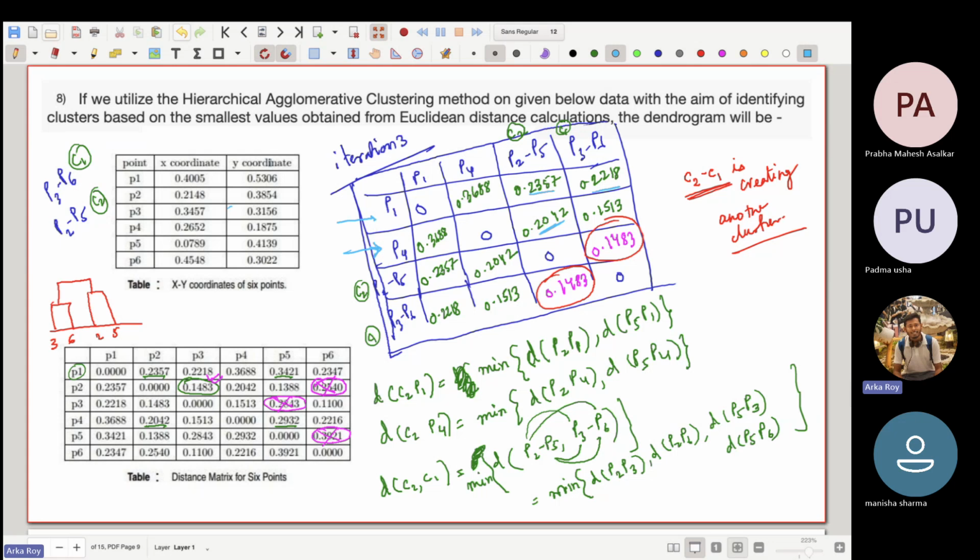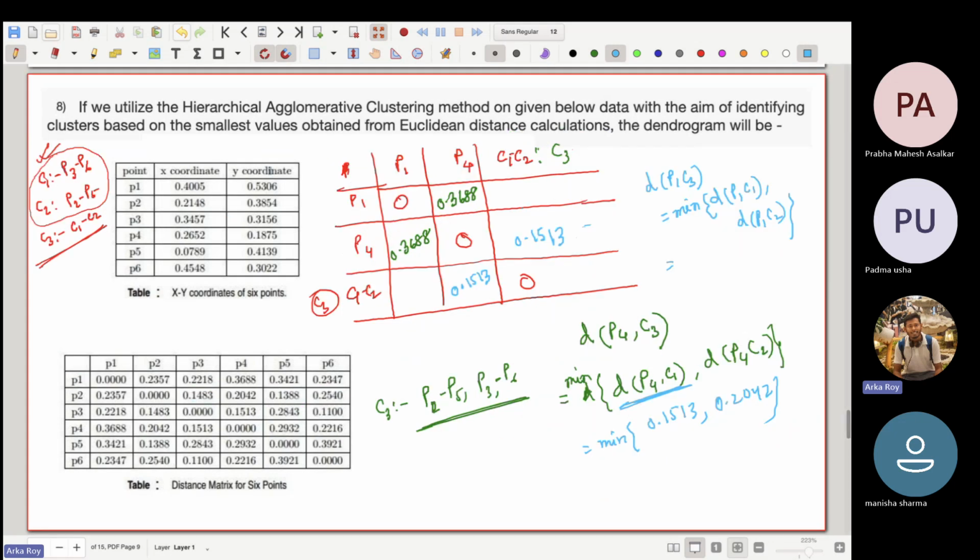So obviously it would be 0.2218. So this is 0.2218. So now let us see what is the condition. तो सबसे कम वैल्यू है P4 से C3 का, right?